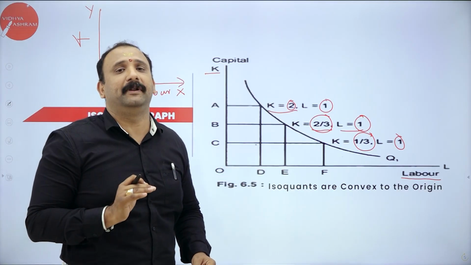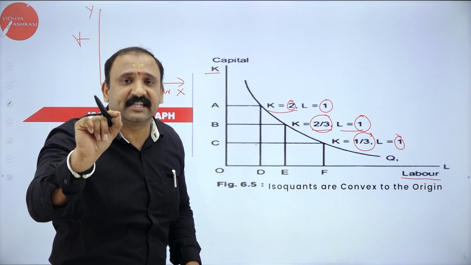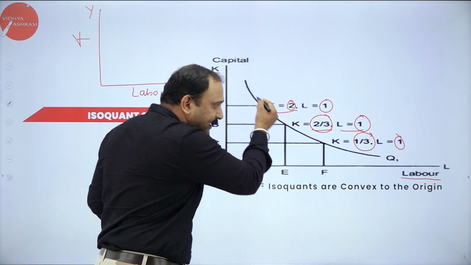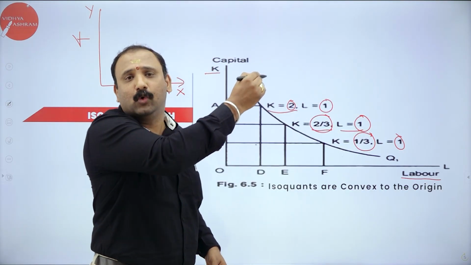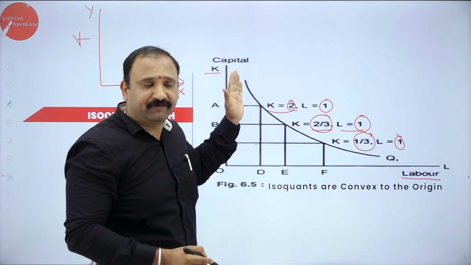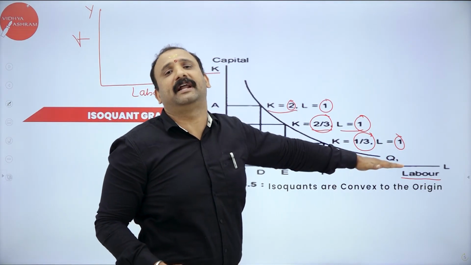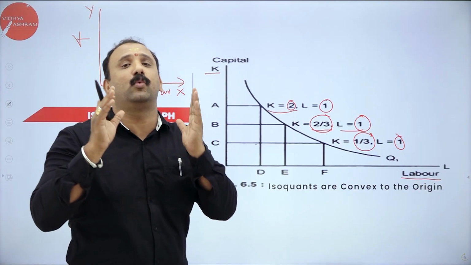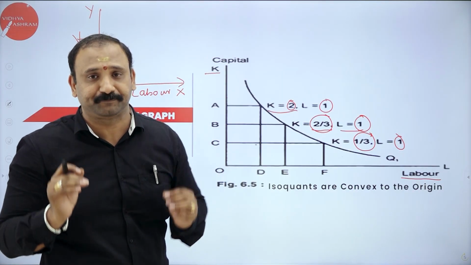Always keep in mind, isoquants are convex to the origin. So that means you will get a graph that is sloping downwards from the top left hand corner to the bottom right hand corner. That is how you have achieved your isoquant graph altogether.